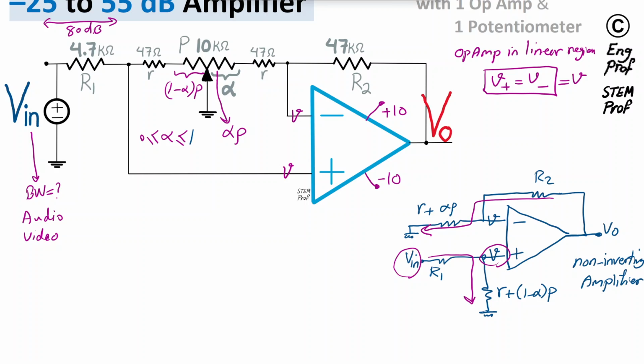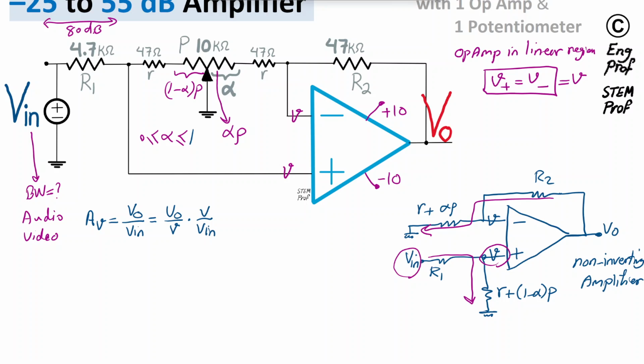In summary, I can say the overall voltage gain AV, which is Vout over Vn, can be divided into Vout over V, and then V over Vn. And we can observe now how the circuit is functioning.